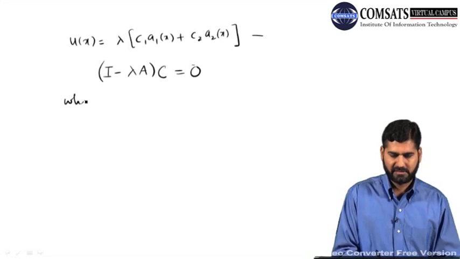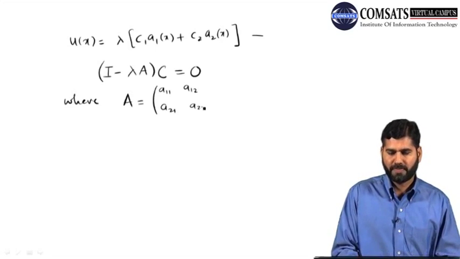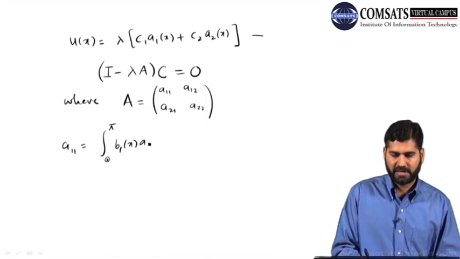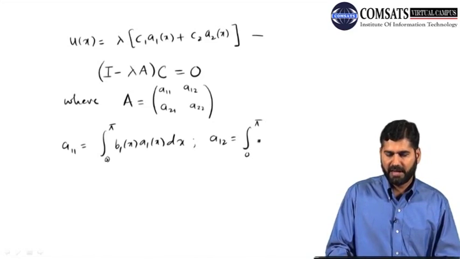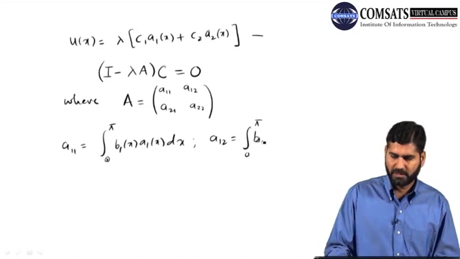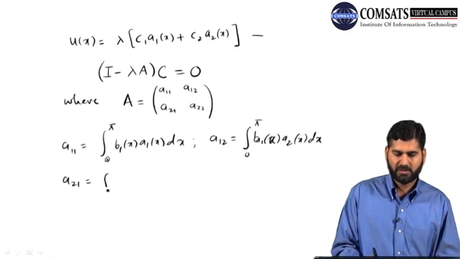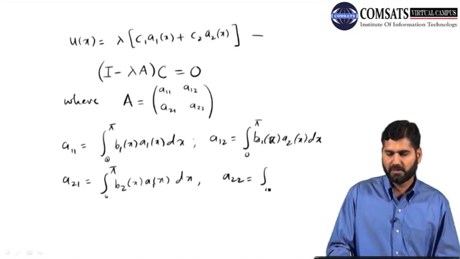So where A is a11, a12, a21, a22, and a11 is the integral from 0 to pi of b1 x a1 x dx, a12 is the integral from 0 to pi of b1 x a2 x dx, a21 is the integral from 0 to pi of b2 a1, and then a22 is the integral from 0 to pi of b2 a2 x dx.